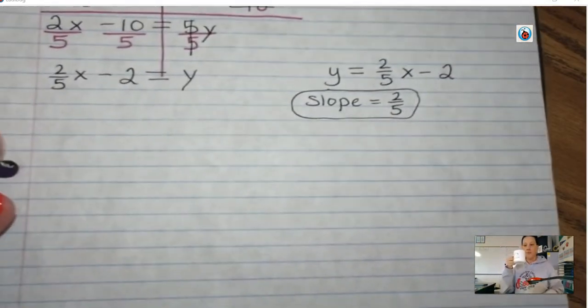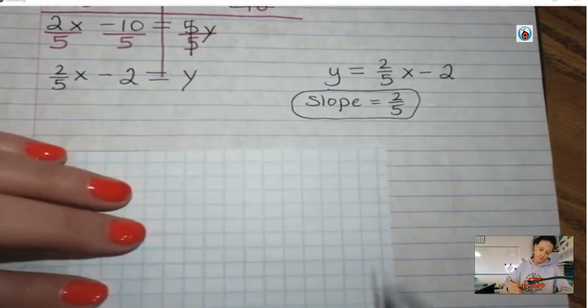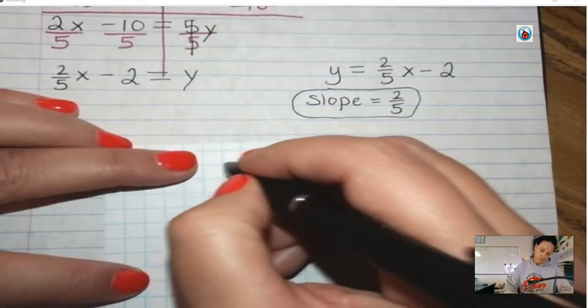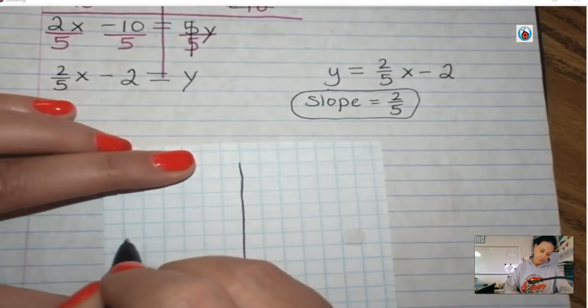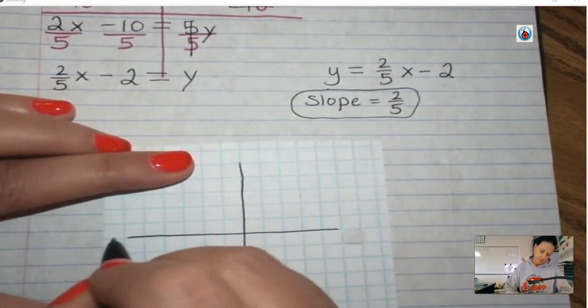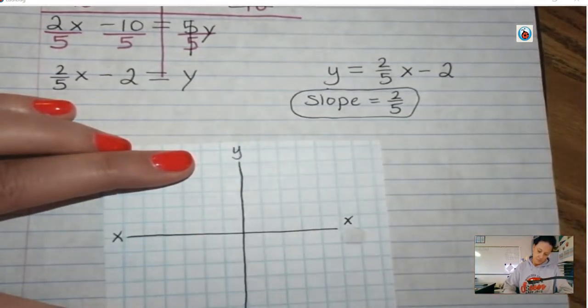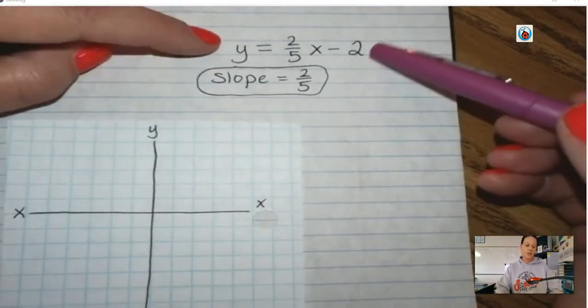Okay, grab some graph paper. We have to graph this. So we look at the equation that's in slope-intercept form.